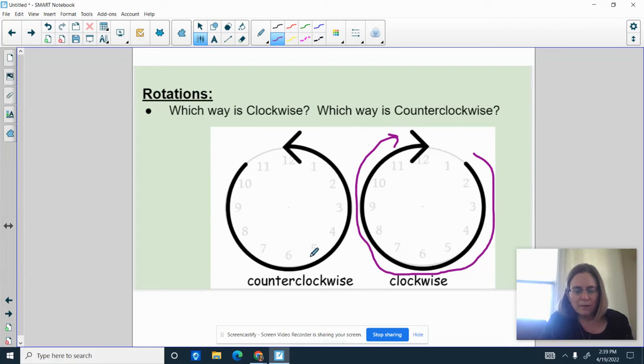And then counterclockwise is the opposite way that a clock goes. So if you're going backwards from the regular way that the hands on a clock move, that's called counterclockwise. So you need to know how to graph, and you need to know which way clockwise and counterclockwise are. So let's see how this works.